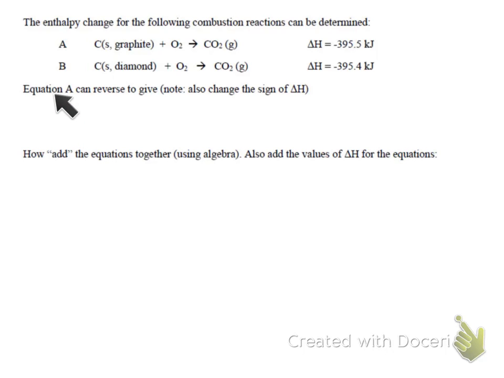So equation A, which is the first equation up here, the graphite equation, we can reverse that equation. So we can flip it around, and if we flip it around, we have to change the sign of delta H, because if we reverse the process, the delta H number is the same and the sign is going to be the opposite. So let's do that.